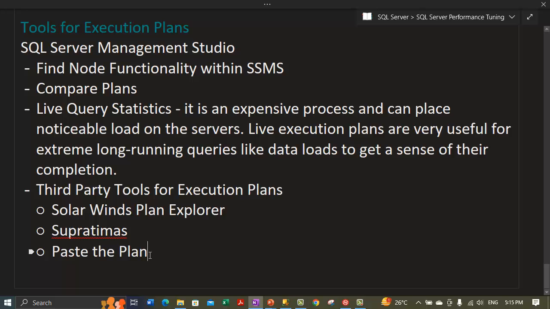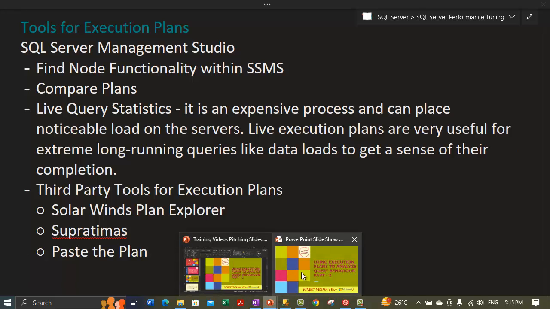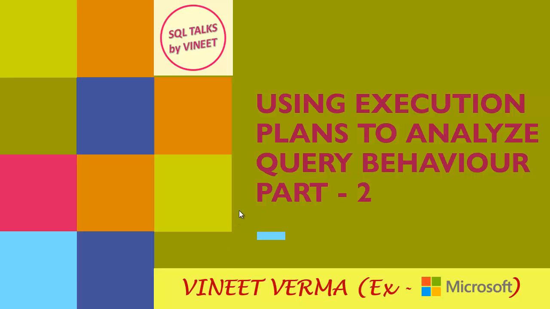So guys, we are done with this topic, which was using execution plans to analyze the query behavior. There were two parts of this video. What we learned in part 1 and part 2 is what execution plans are and how we can read them.